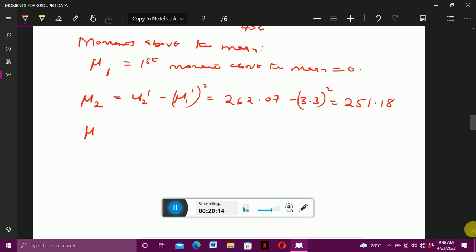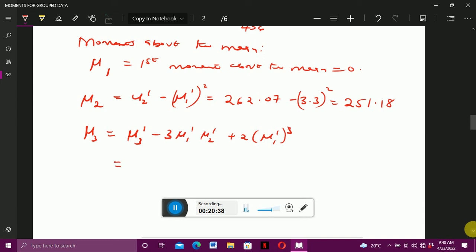What is the third moment about the mean? It is given by mu3 prime minus 3 mu1 prime mu2 prime plus 2 mu1 prime cubed. We already proved that.